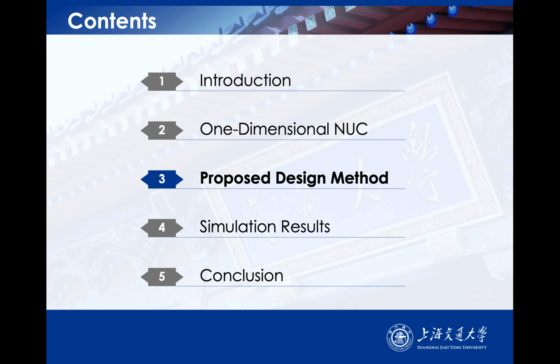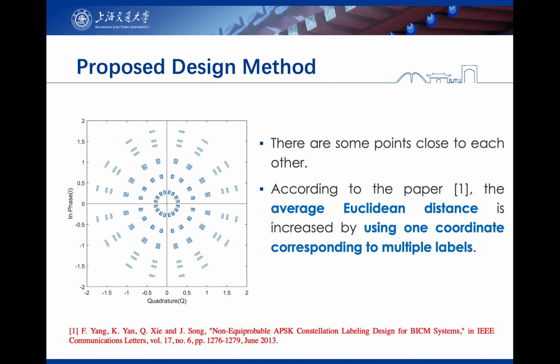The third part, proposed design method. By observing NU-APSK, we can see that there are some points close to each other. According to Paper 1, the average Euclidean distance is increased by using one coordinate corresponding to multi-labels. Here we propose 2 design schemes.